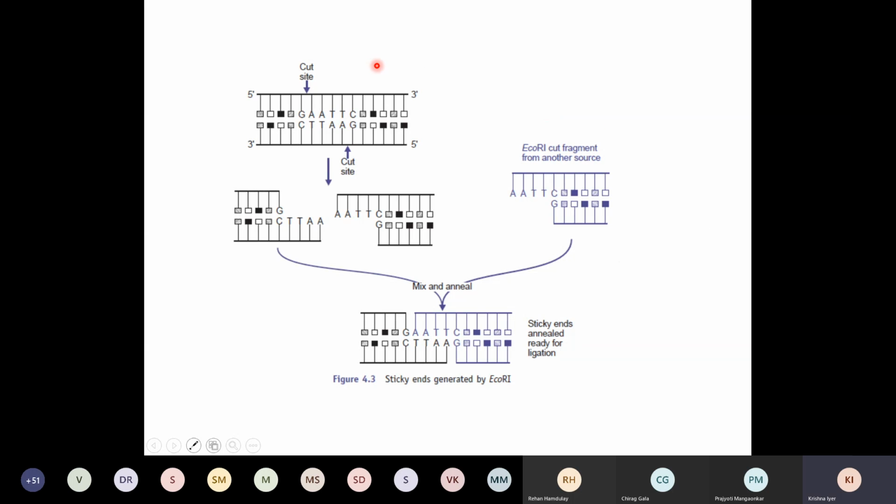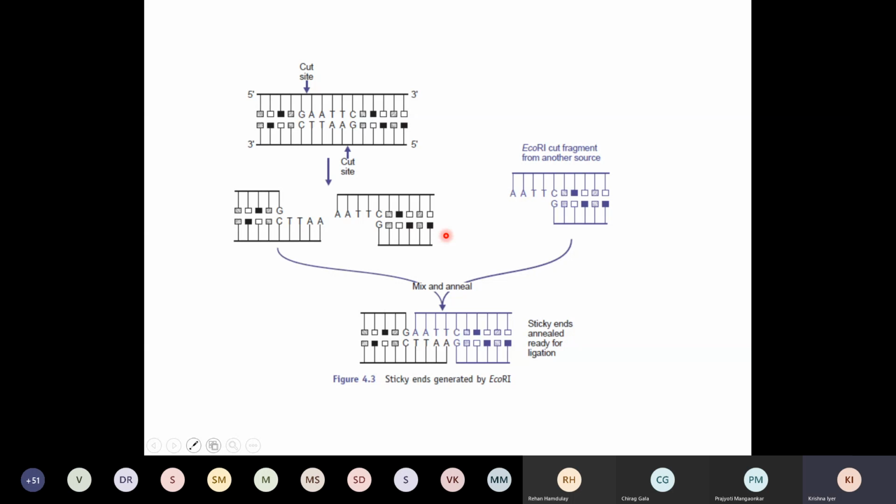Now, if I take this test tube mixture which contains these two pieces, and this test tube mixture which will also contain a piece like this, but which is different elsewhere, what might happen is that because of the similarity of this end and this end, this piece from this DNA might start interacting with this piece from another DNA, which means I can recombine this with this and replace the original DNA.